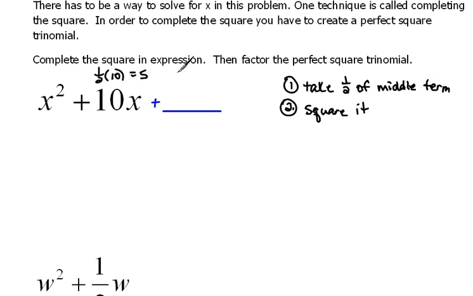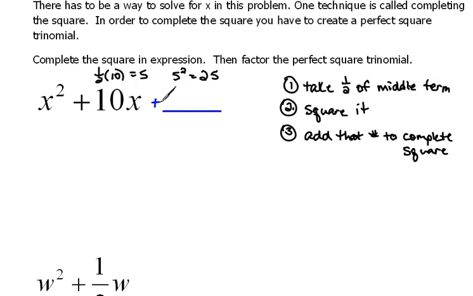So if I take that 5 and I square it, we end up with 25. Lastly, we have to add that number to complete the square. So what we're doing is adding that 25 to the end here.